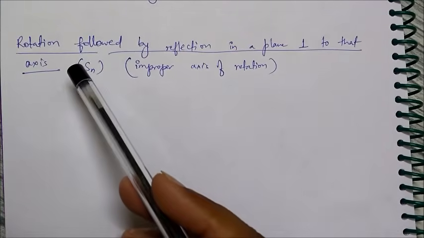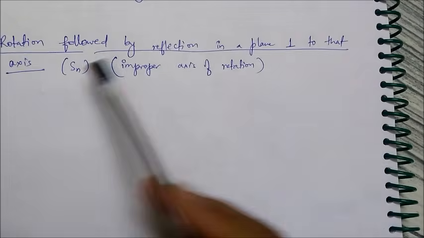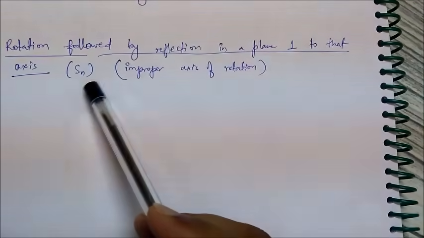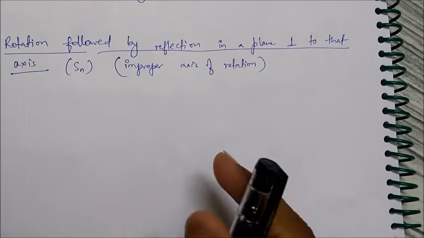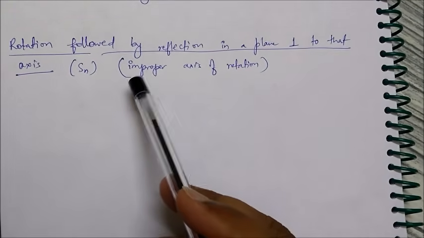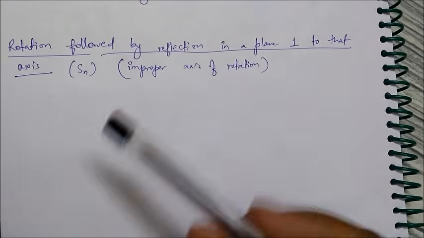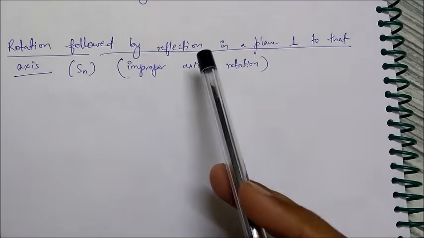The next one is rotation followed by reflection in a plane perpendicular to that axis. This symmetry operation is denoted by Sn, and the element of symmetry is the improper axis of rotation. This is a little bit difficult to understand, but I will explain it in easier language. First you rotate the molecule.